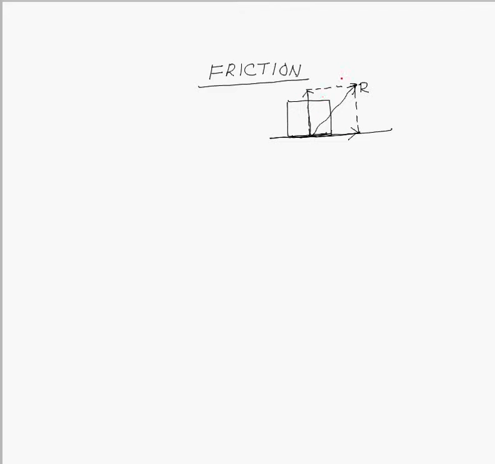The component normal to the surface is called normal reaction force, and the component parallel to the surface is the friction force. So this contact force in general has two components, the normal reaction and the friction.